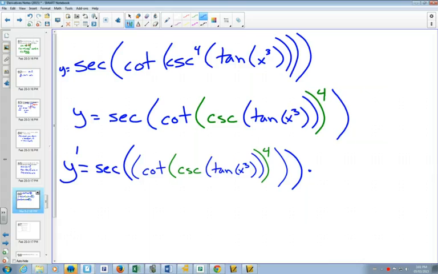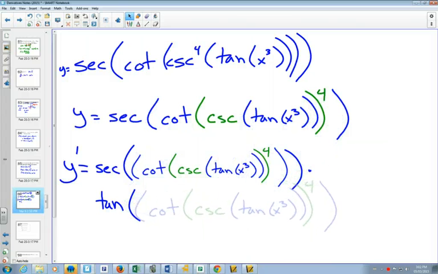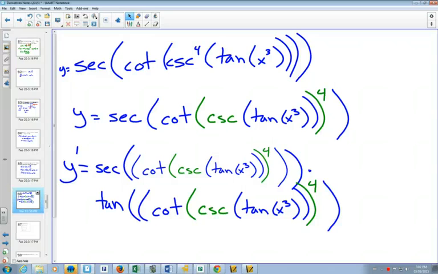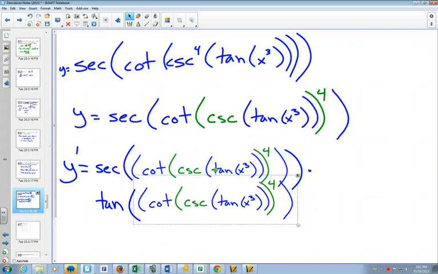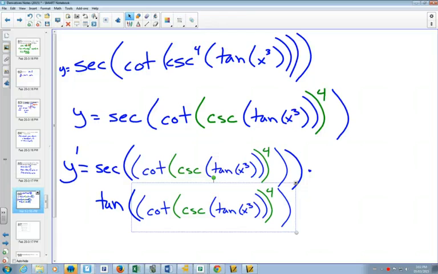Times by, because it's secant, times by tan. And then this would go inside of there. Make that a little bit smaller. It's a little bit big. Oh, that's prettier. Close that up. Times by. Okay, we did the first one from the outside. It'll get shorter every time.